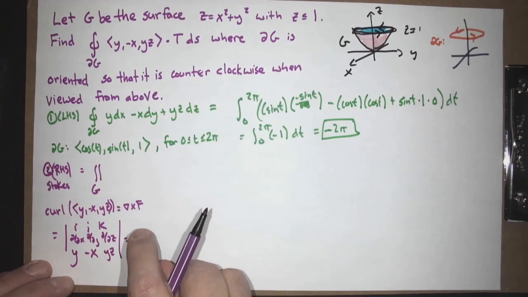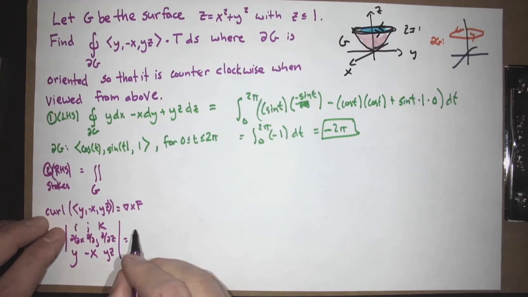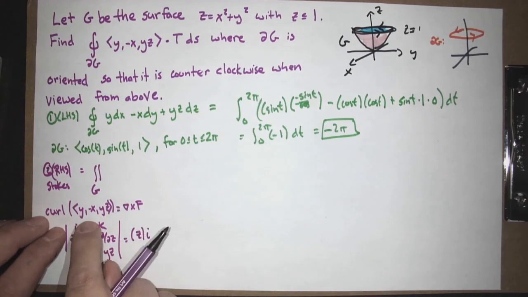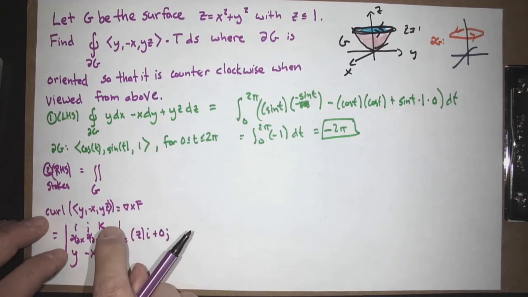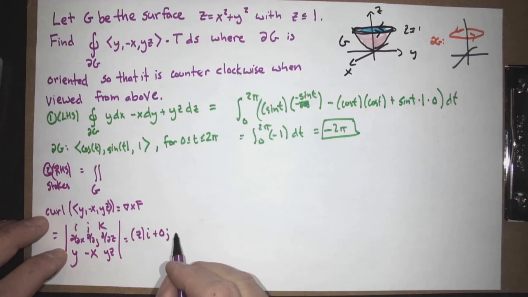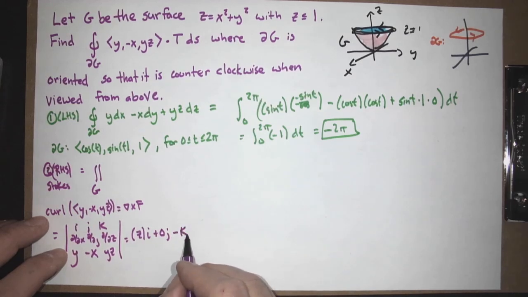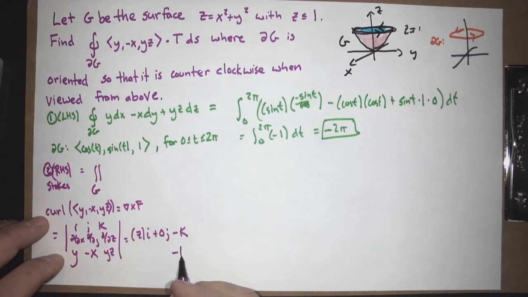Okay, so we get partial y of yz, which is z, and that's in the i direction. Partial z of y is 0. That's in the j direction. Partial x of minus x is negative 1, and that's in the k direction. Go the other direction. Partial y of y is 1, and that's in the k direction, but we subtract because we're going in the other direction, right?